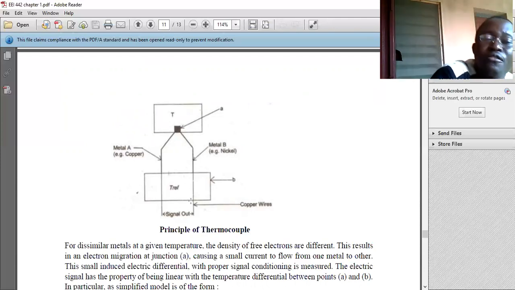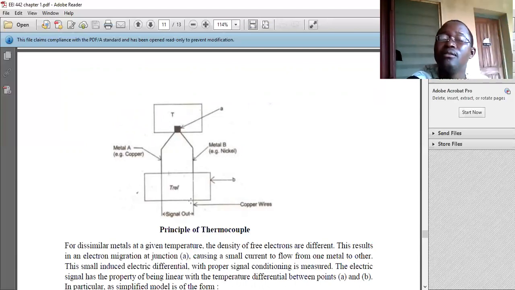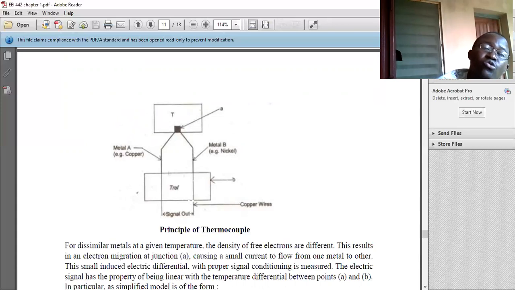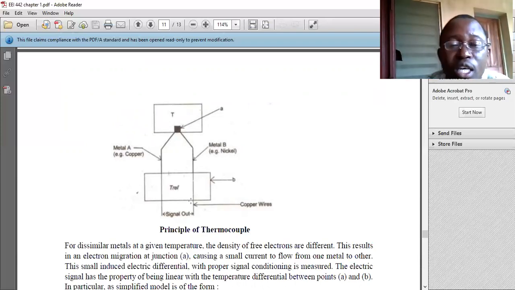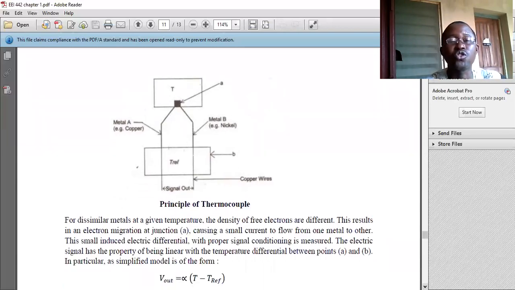The temperature control reference junction will be maintained at a particular temperature, and so there will be a difference between the T at point A and T_REF. For that reason, EMF will be produced at the points where we have signal out. So that's the way the thermocouple works.